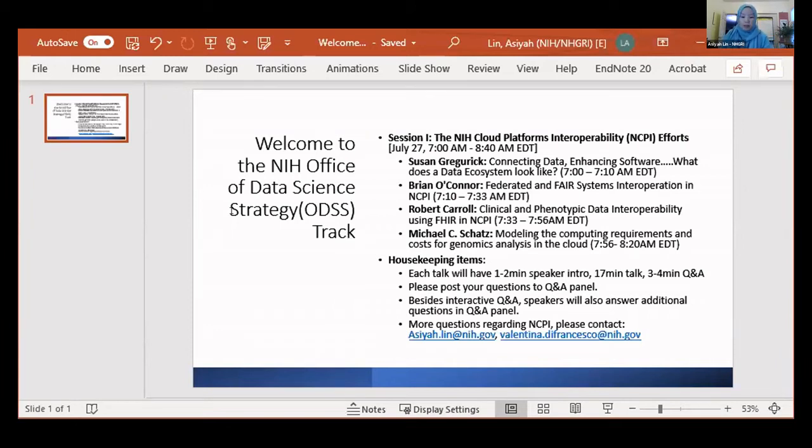I'll be very honored to introduce her. So Dr. Susan Gregurick was appointed Associate Director of Data Science and Director of the Office of Data Science Strategy at the National Institutes of Health on September 16, 2019. Under Dr. Gregurick's leadership, the ODSS leads the implementation of the NIH strategic plan for data science through scientific, technical, and operational collaboration with the institutes, centers, and offices that comprise NIH.